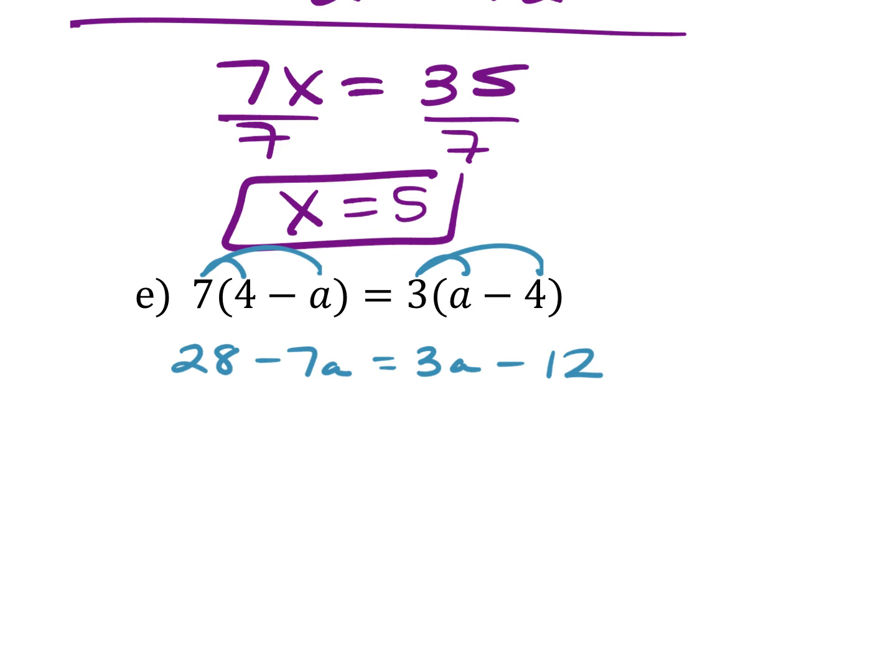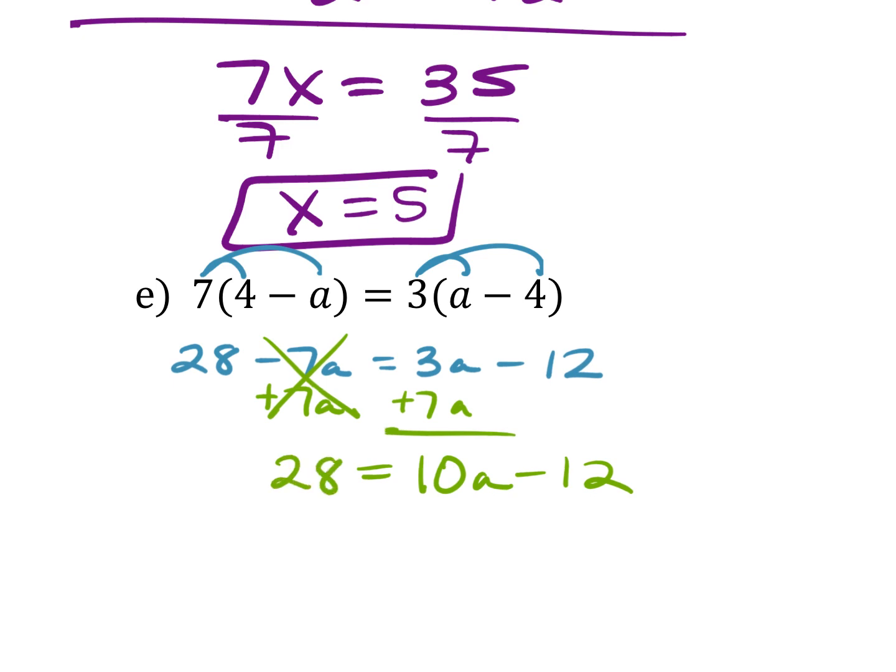What do you do next? Add 7a is what I would do. But you could have done minus 3a, but then it's -10a, okay? That's fine. You'll get the right answer as long as you do the rest of the steps right. But your easiest move is just add the 7a instead. So you get 10a minus 12 on the right. This goes away.